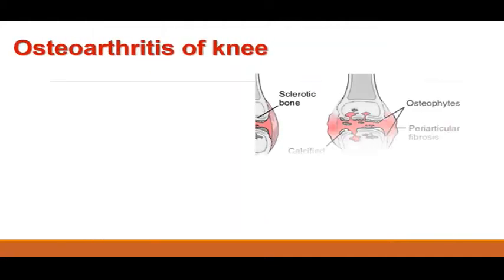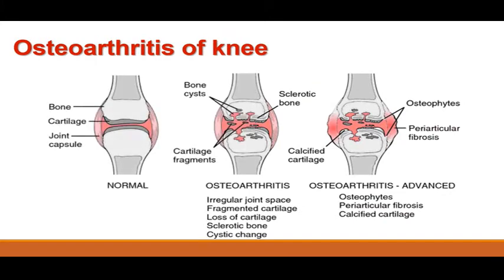Again, you can see in the first figure, this is the normal knee joint. In case of osteoarthritis, see the second figure where bone cysts are formed and cartilage is eroded. So you can see cartilage fragments.